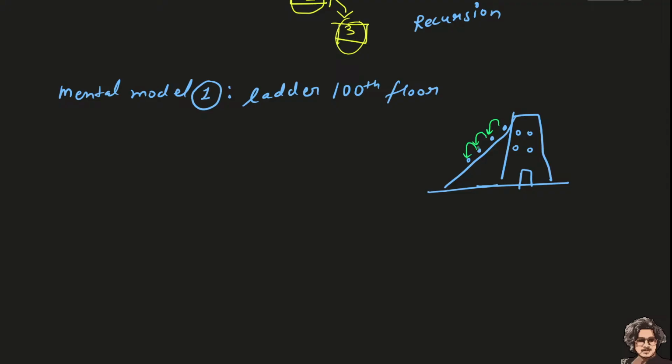Then the answer travels back in the upward direction. So this is what recursion actually solves.